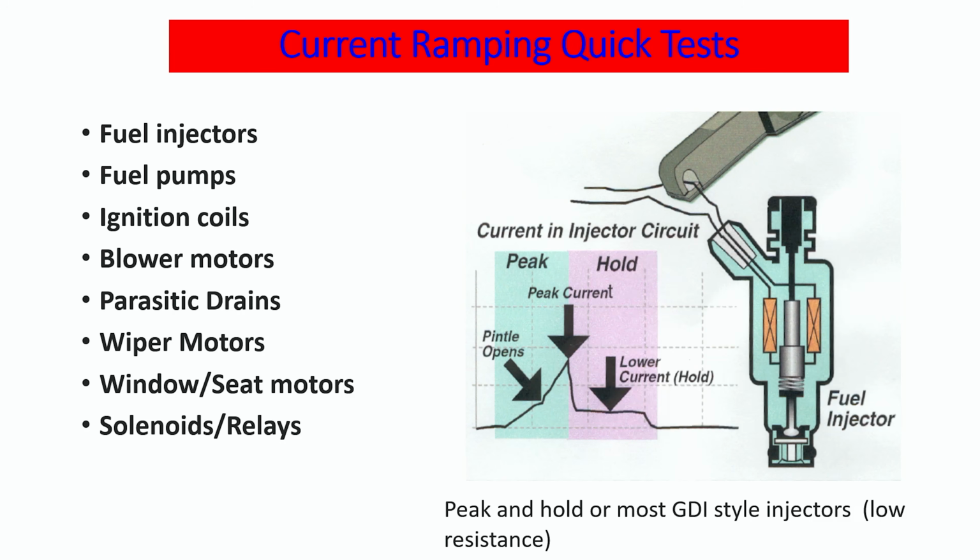Now, if I compared that time from where the pintle opened to the time that we shut that injector off, that matches 100% to your data stream on your actual scan tool. So again, there's another picture of the pintle hump, pintle opens, right? And we're just using an inductive current clamp to actually see that.